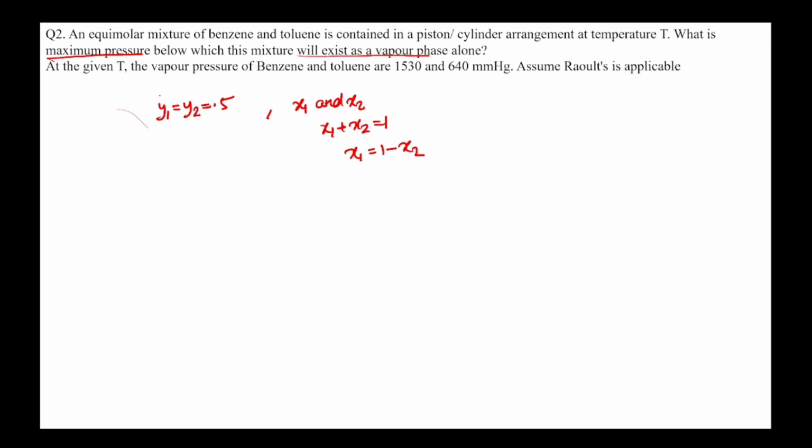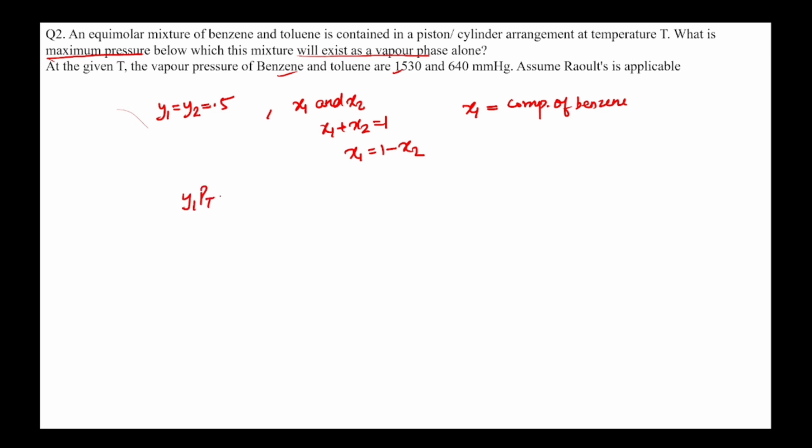Okay, the vapor pressures of benzene and toluene are given. Let X1 be the composition of benzene; you can take X1 as the composition of either benzene or toluene. Okay, benzene. So applying Raoult's law. What is Raoult's law?